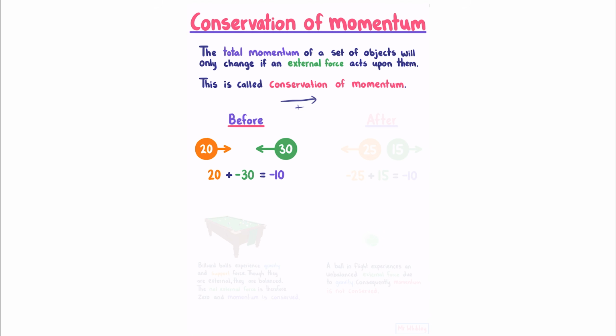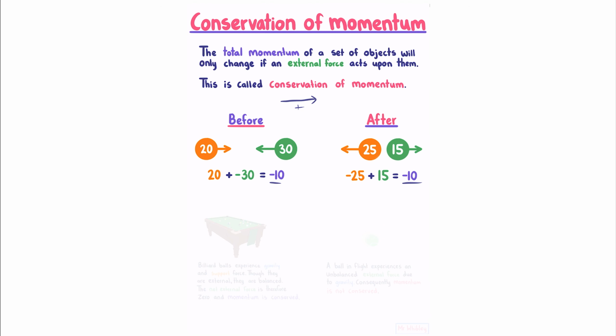If these two balls were to collide, we might see that afterwards, the orange ball has a momentum of 25 towards the left, and the green ball a momentum of 15 towards the right. Once again, adding these momentums together gives us negative 10. Our total momentum before and after is the same, and so momentum is conserved.